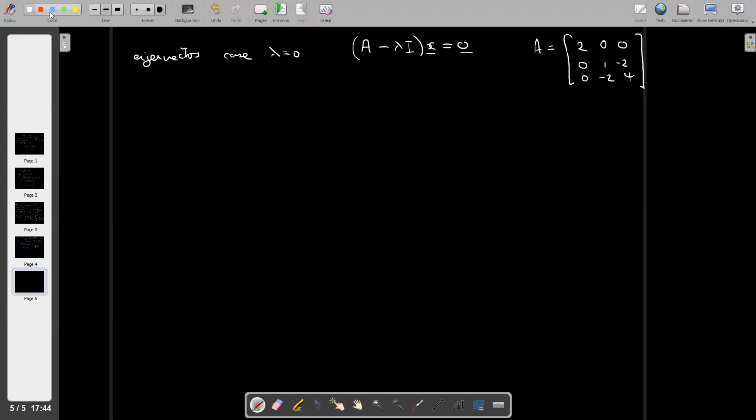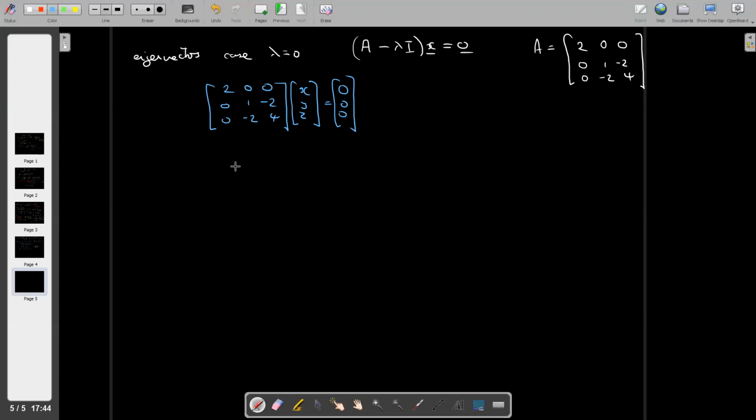So A minus lambda I in this case will be, well, I'm going to take 0 off the leading diagonal, which is going to leave it exactly as it is. So 2, 0, 0, 0, 1, negative 2, 0, negative 2, 4, times by some vector x, y, z equals the 0 vector, 0, 0, 0.